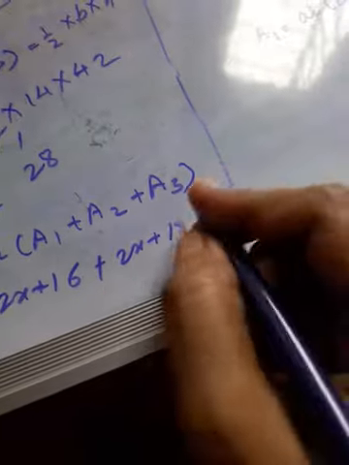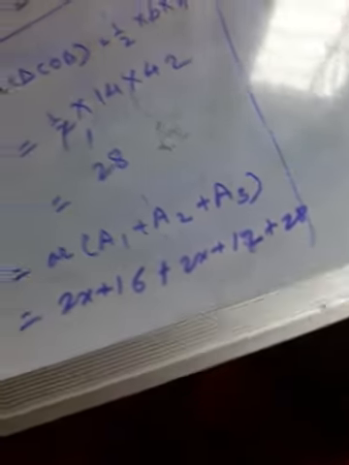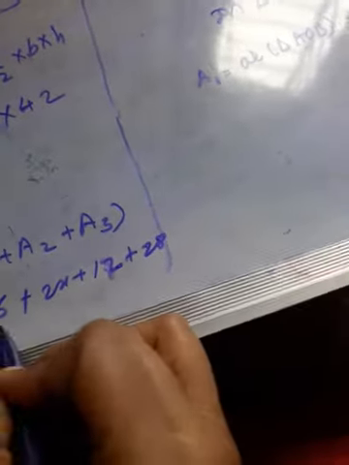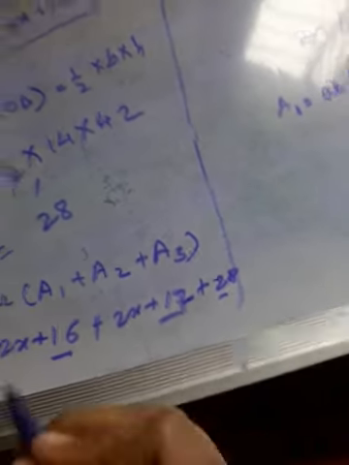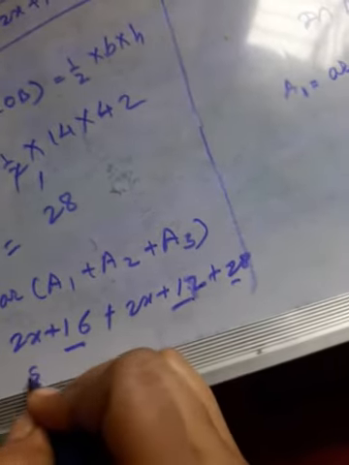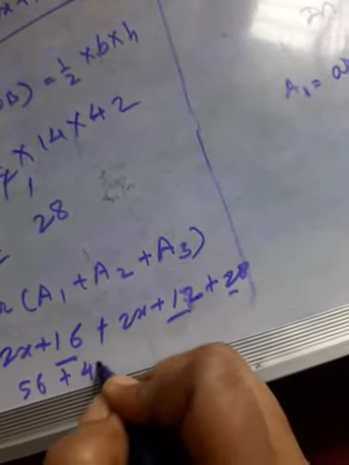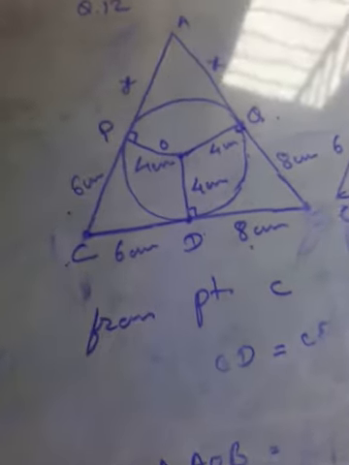Directly we can add them, so the final answer is 56 plus 4x, since 16 plus 12 plus 28 is 56, and 2x plus 2x is 4x. Then again this area we have to find out by Heron's formula.